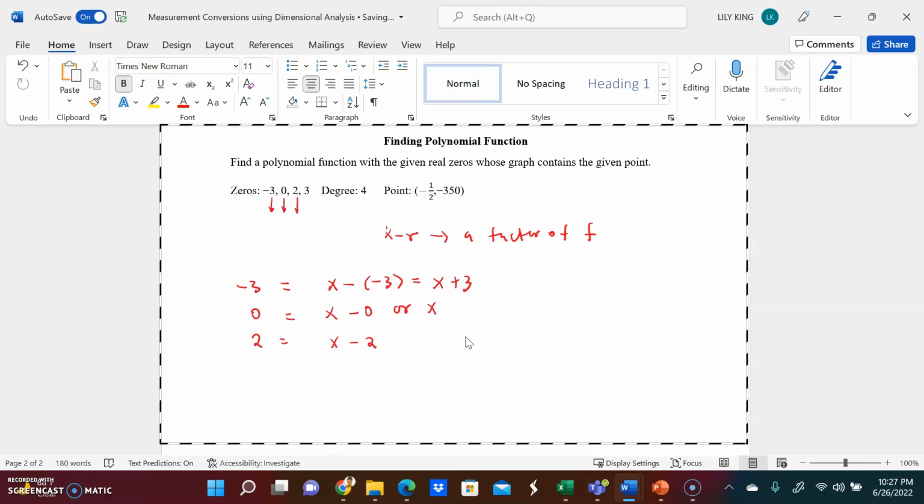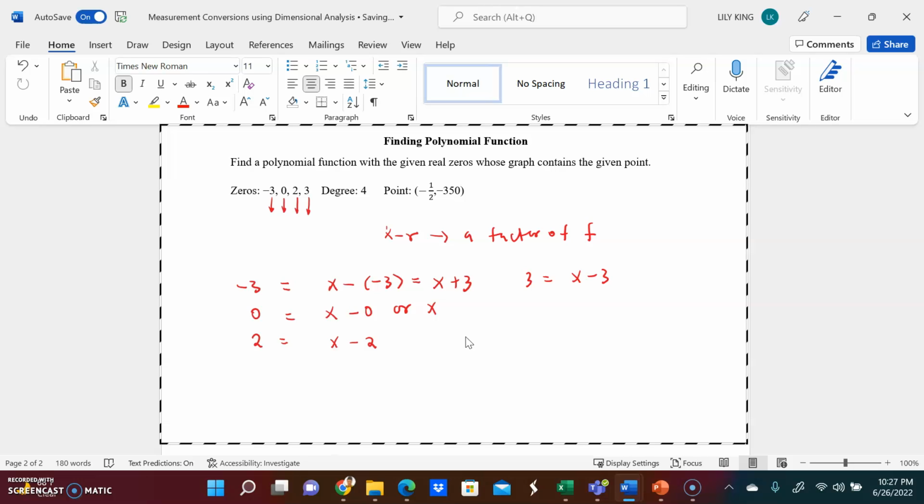Then for the last zero, which is 3, the factor corresponds to the zero of 3 is x minus 3. So these are the factors that we have: x, x plus 3, x minus 2, and x minus 3.